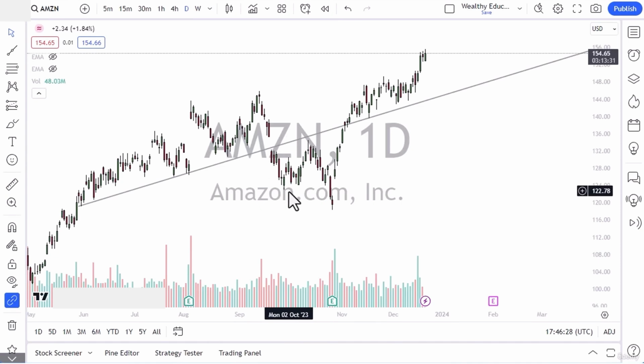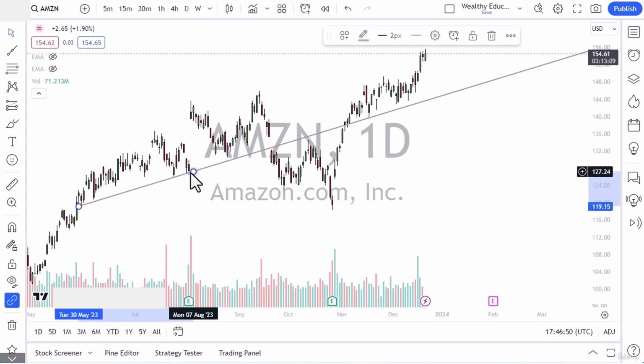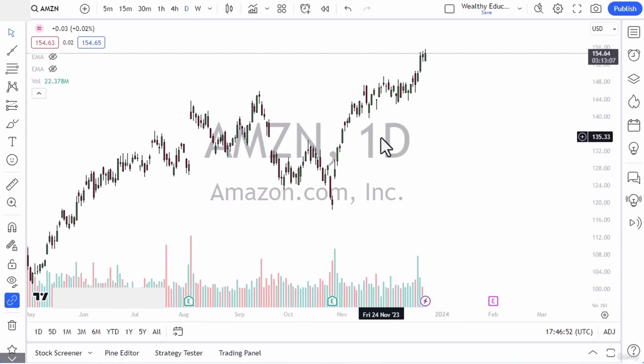Notice how we broke through it. We came down, and once we broke through it, that was a negative turn of events. It was a trend change, at least in the short term. But notice something. As this ray expands out, once we got here, it became support again. So it's market memory. Markets love areas. Normally it's price, but trend lines do have the same effect. You know, it's rising over time.